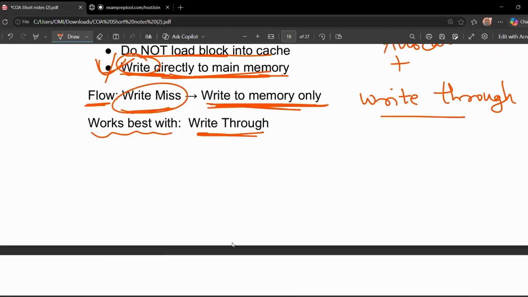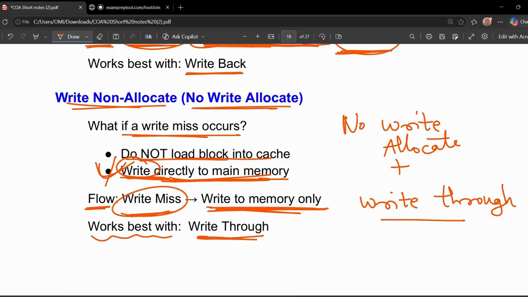If someone asks, sir, why only this combination? See, no write allocate means that when a miss happens, you directly write to the main memory. So we have taken one miss combination and one hit combination. The miss combination says write directly to main memory, and the hit combination says you update both.